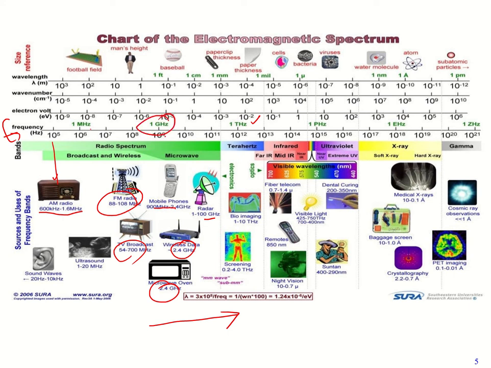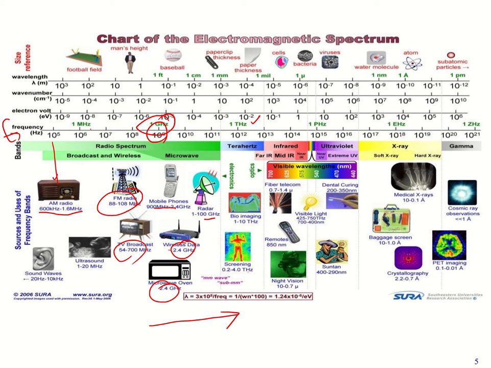This is the gigahertz range, 10 to the power 9, and then the terahertz range. Different applications, for example remotes, usually work in the terahertz infrared range. Visible light, thermal screening, like if you go to a mart, they do thermal screening, usually at 0.2 to 4 terahertz.